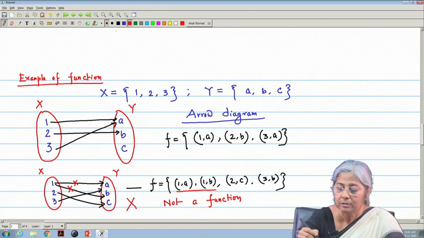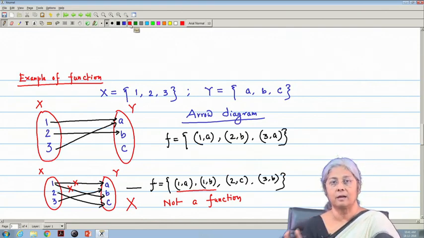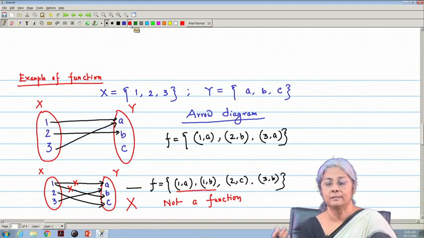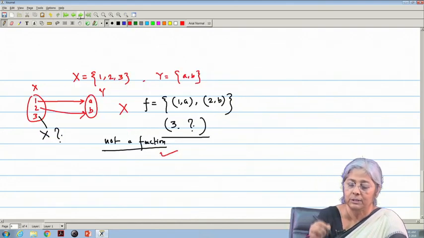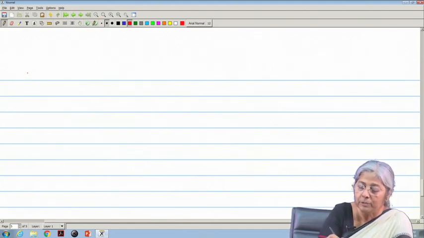So, based on how the values of x are assigned to the other set, we can define different types of functions. Normally, we have 3 types of functions.